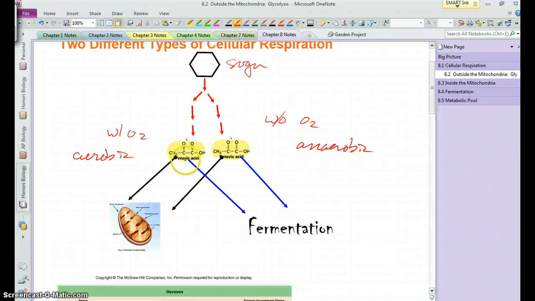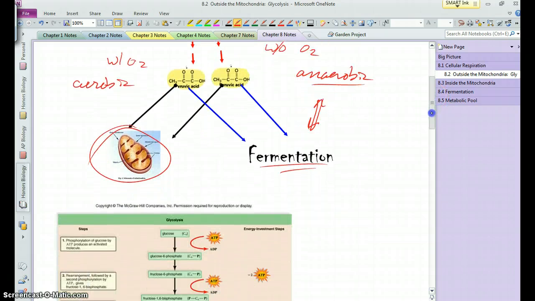Now, if you have oxygen, the rest of the process is going to occur just outside and in the mitochondrion. If you're anaerobic, you don't make use of mitochondria, or you don't even have them, and you're doing fermentation. So anaerobic respiration and fermentation are somewhat synonymous terms. We'll see later how there are 2 kinds of fermentation.